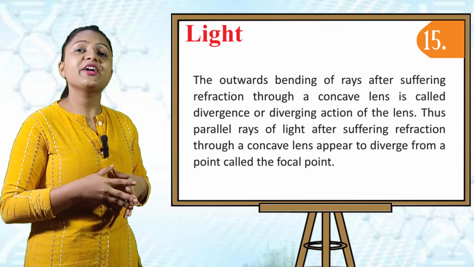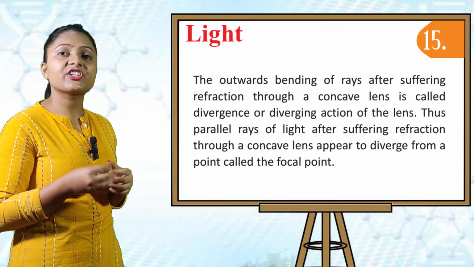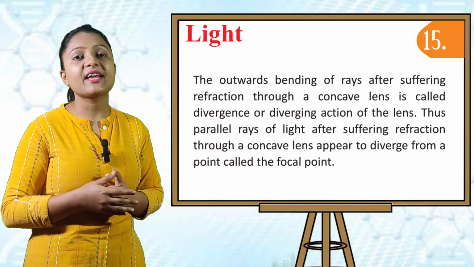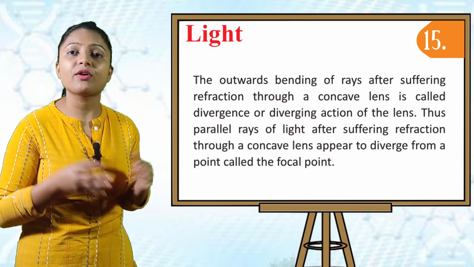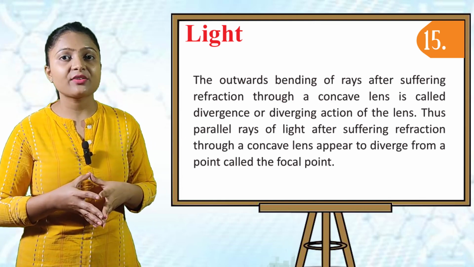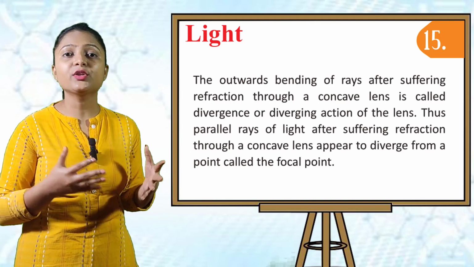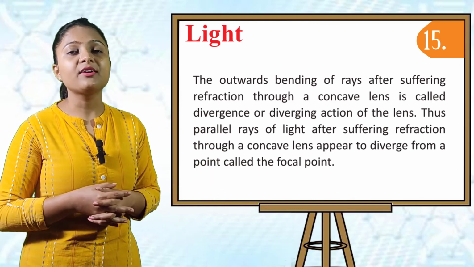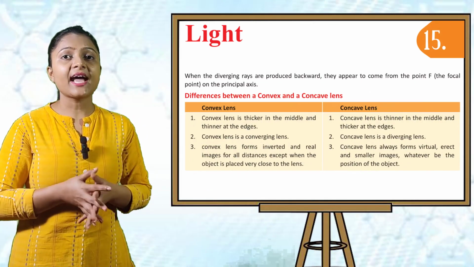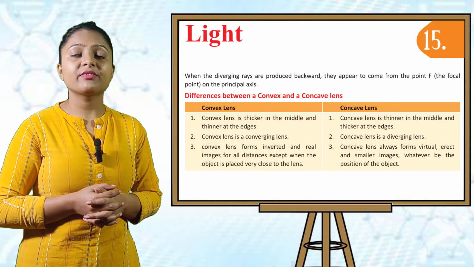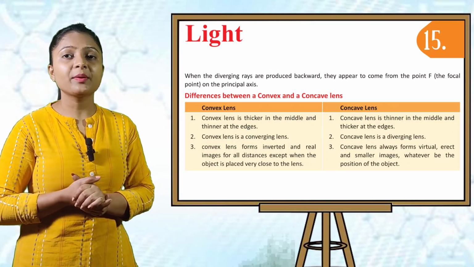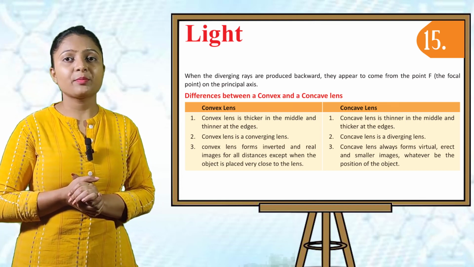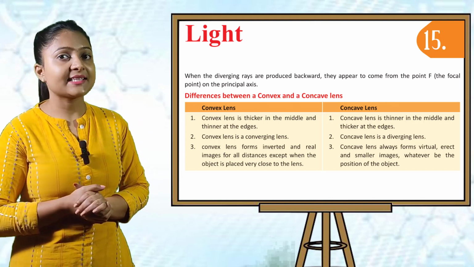The outwards bending of rays after refraction through a concave lens is called divergence or diverging action of the lens. Thus, parallel rays of light after refraction through a concave lens appear to diverge from a point called the focal point. When the diverging rays are produced backward, they appear to come from the point F, the focal point, on the principal axis.